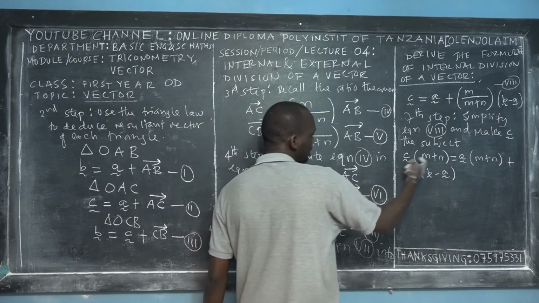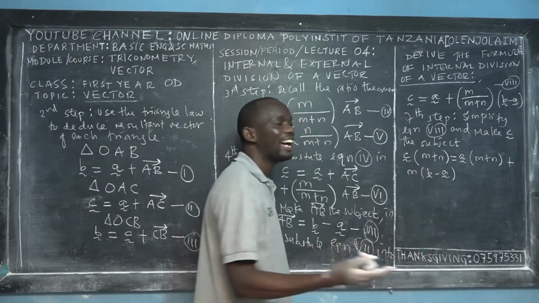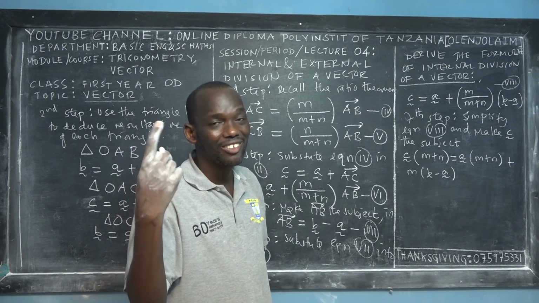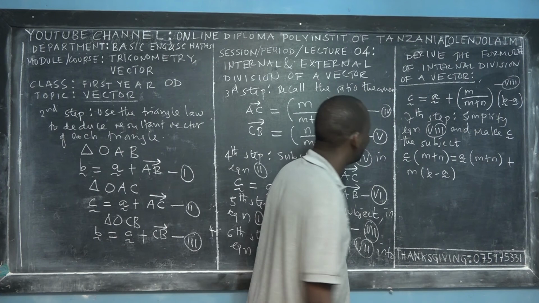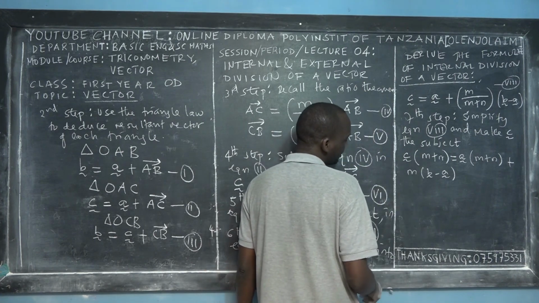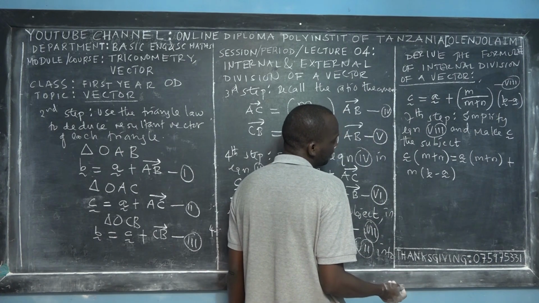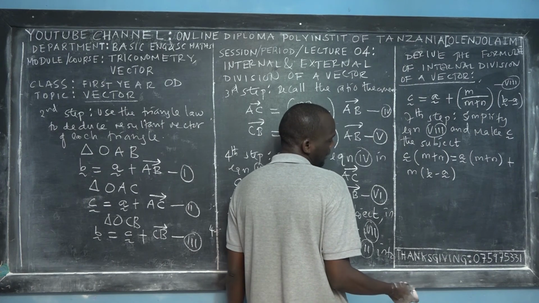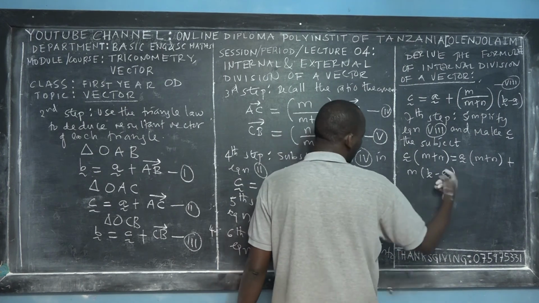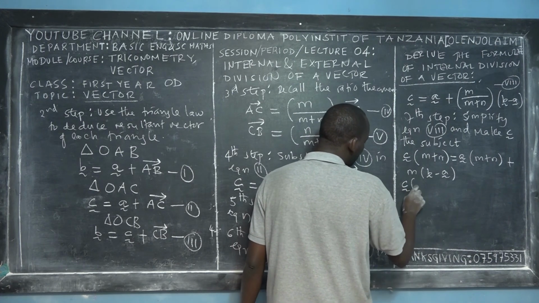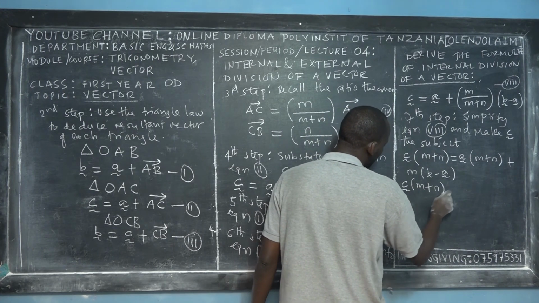I told you, M and N are treated as scalar quantities, and AB is a vector. Left hand side we just leave, because we want to make C the subject.